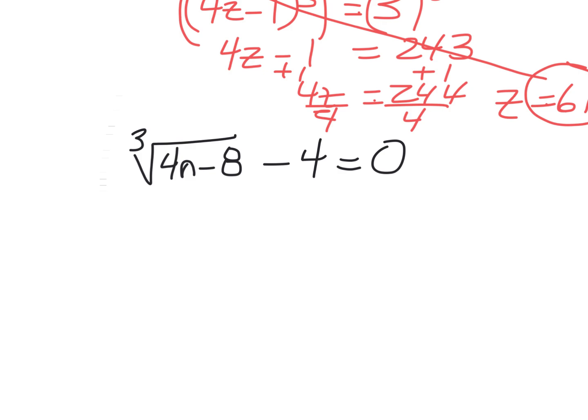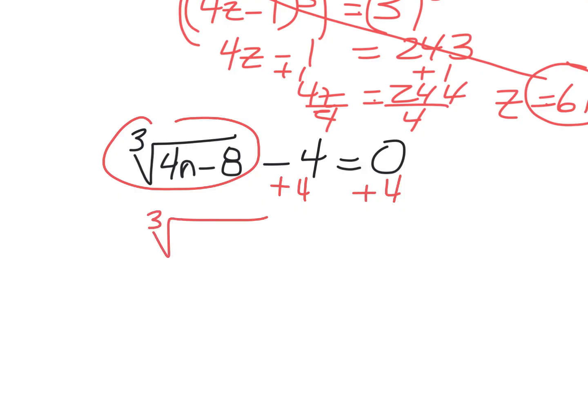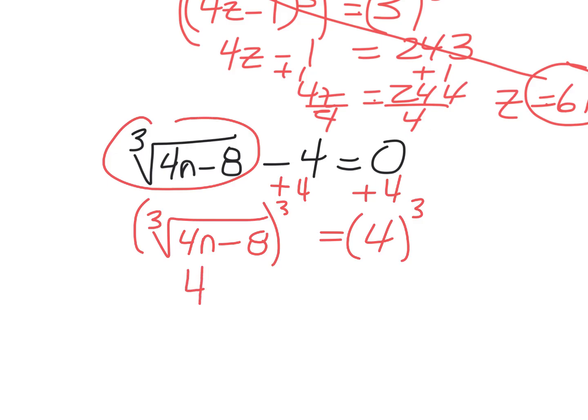Next example here, we've got a cube root. I'm going to isolate that by adding 4 to both sides. And then undoing the cube root by cubing both sides. 4 cubed is 64.